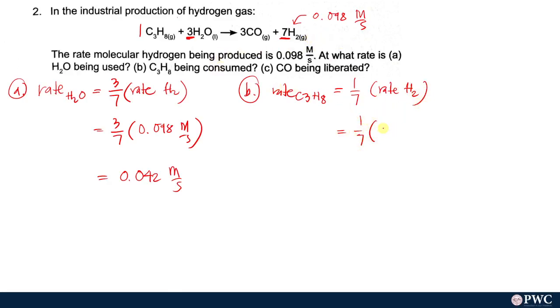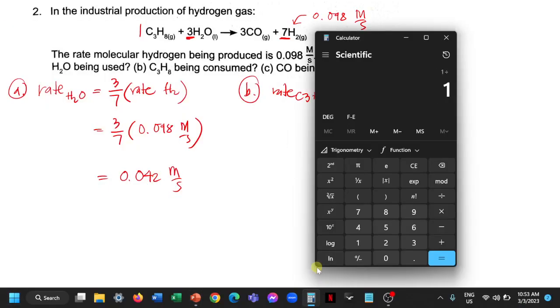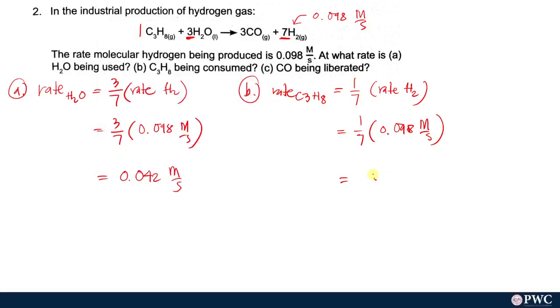Again, it's given, 0.098 molar per second. We have 1 divided by 7 times 0.098, we have 0.014, 0.014 molar per second.